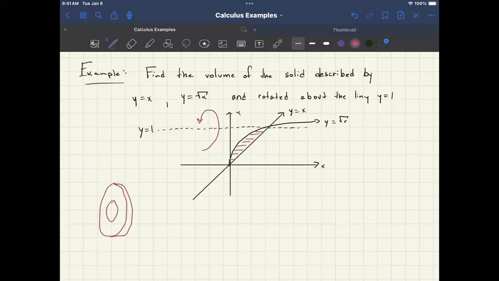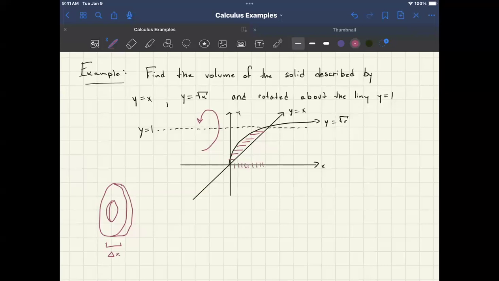We've got a change of x, because even though I put my lines in the wrong direction, we are chopping it up on our x-axis. So we're going to have washers as we move this about.